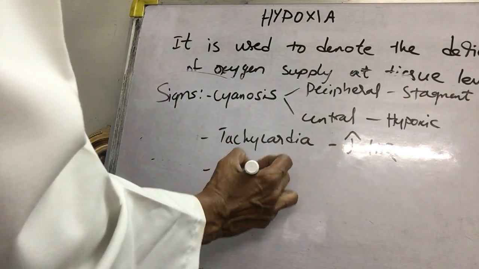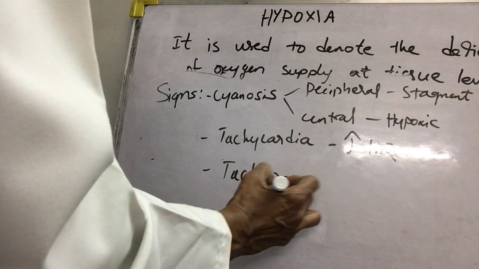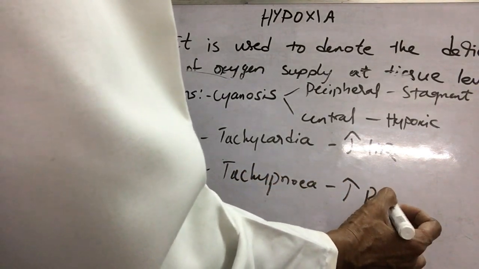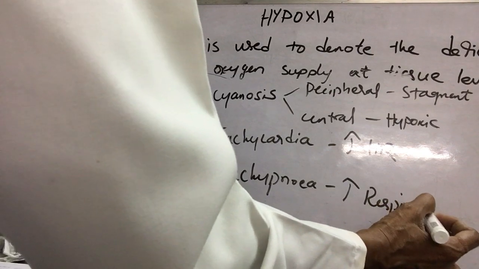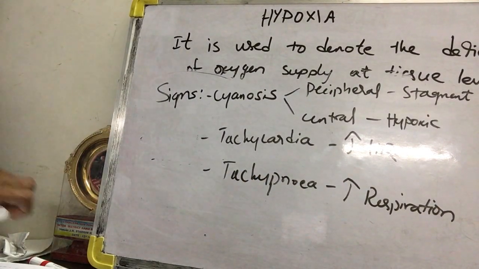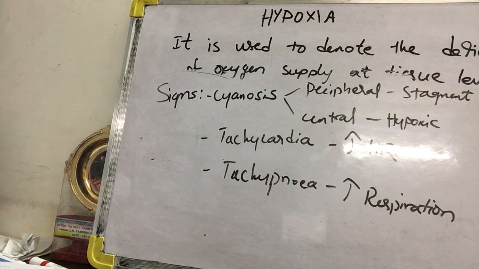And there can be tachypnea also, that means increase in respirations. Since the oxygen is low in the blood or oxygen is not reaching the tissues, the subject will try to hyperventilate so that he can take more air inside and more oxygen.